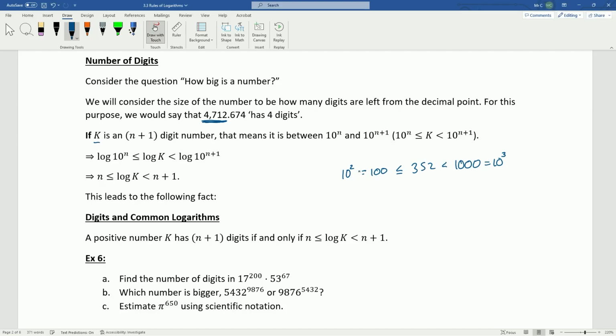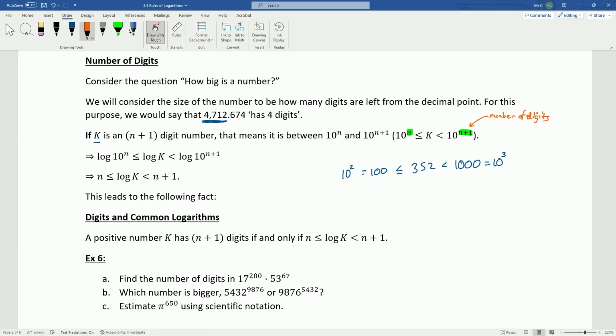Right? That's what we're saying. So if you have a number, k, with n plus 1 digits, then k is between 10 to the n plus 1 and 10 to the n. The key part here is that the number of digits is this exponent. That's what we're keeping track of here.